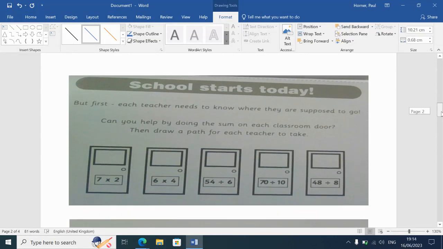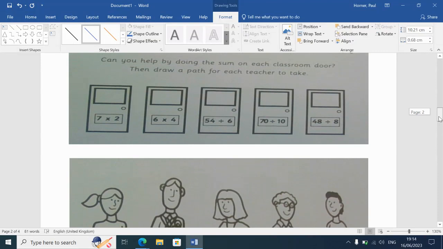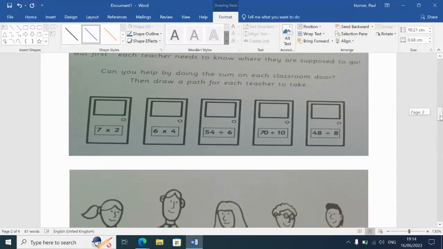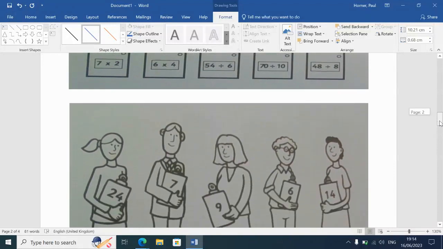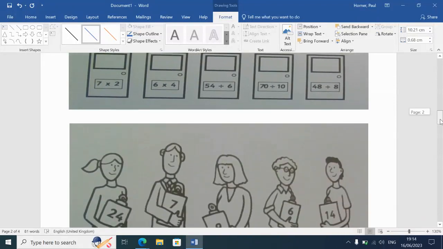Okay, so school starts today, but first each teacher needs to know where they are supposed to go. Can you help by doing the sum on each classroom door, then draw a path for each teacher to take? All you have to do is work out the sum, and then I'm going to get an arrow and join it to the classroom door that each teacher has to go to.